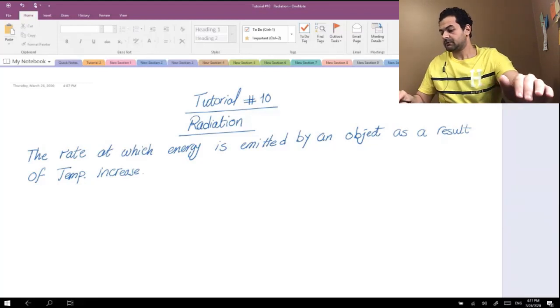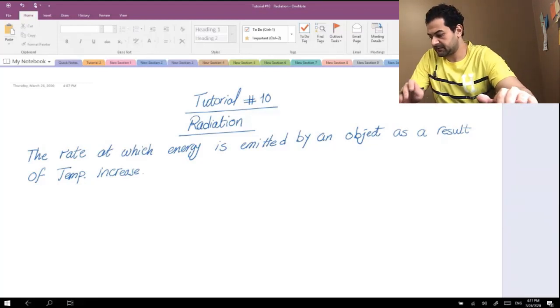All right. So basically, this is the definition of radiation.